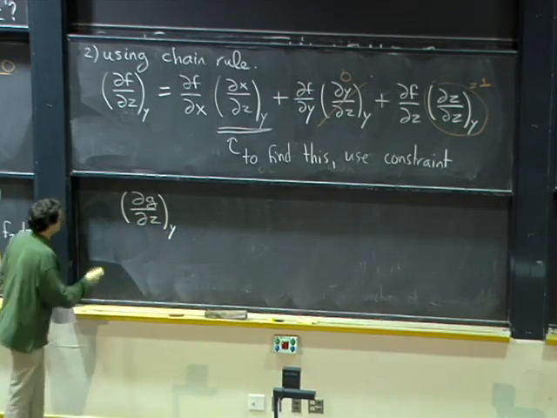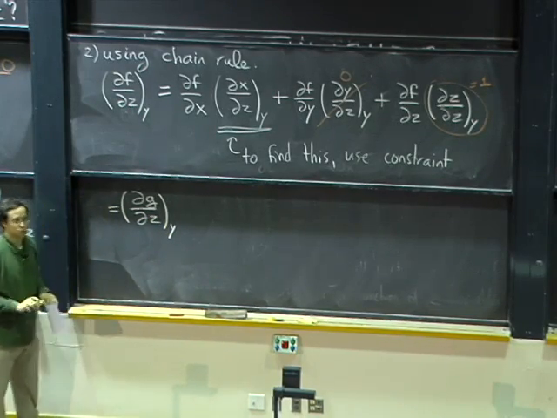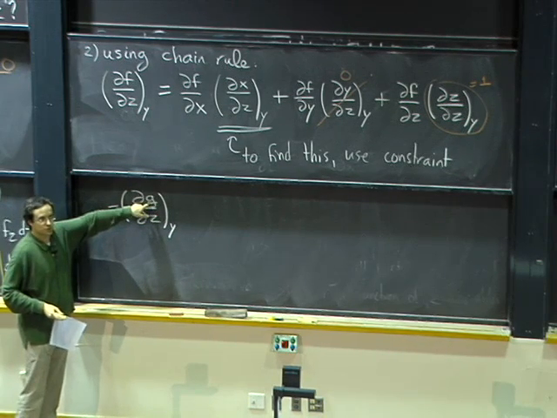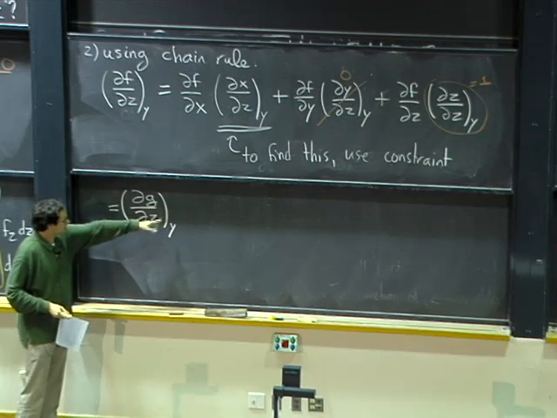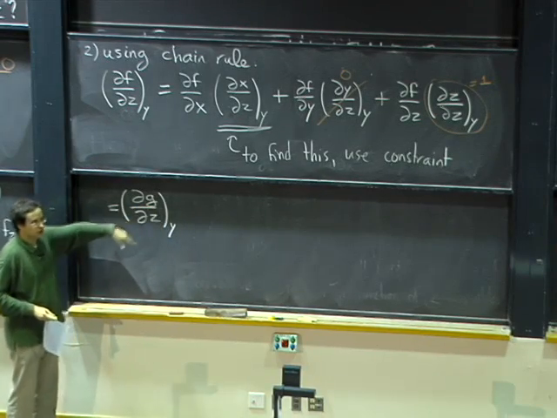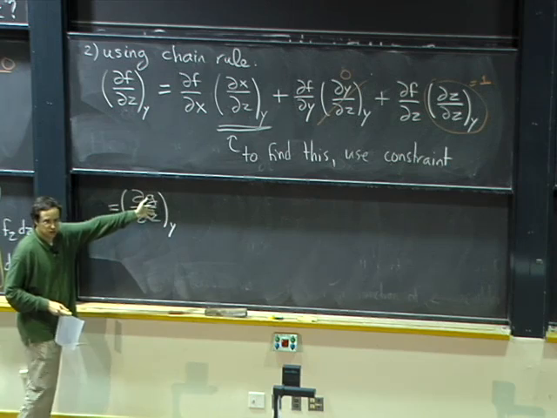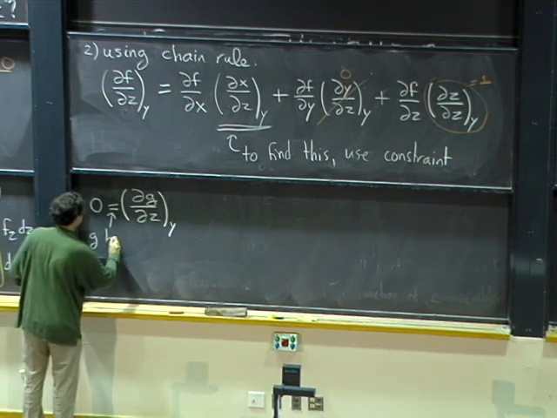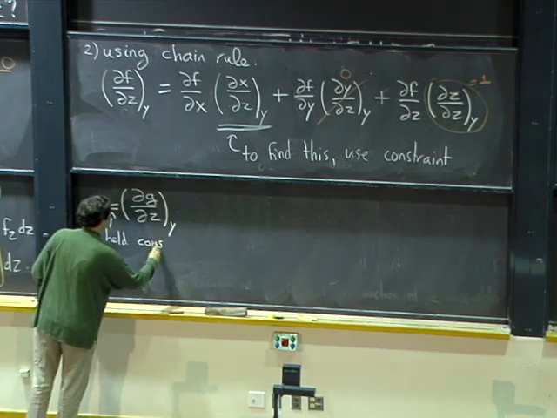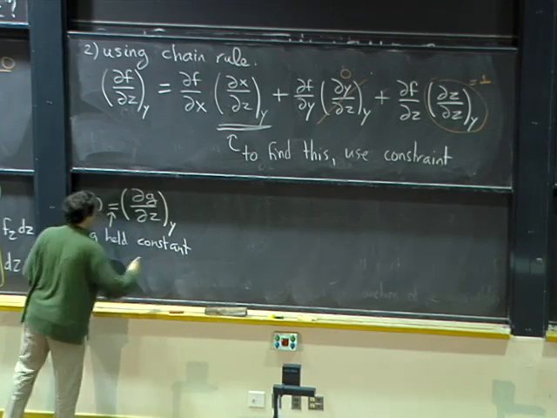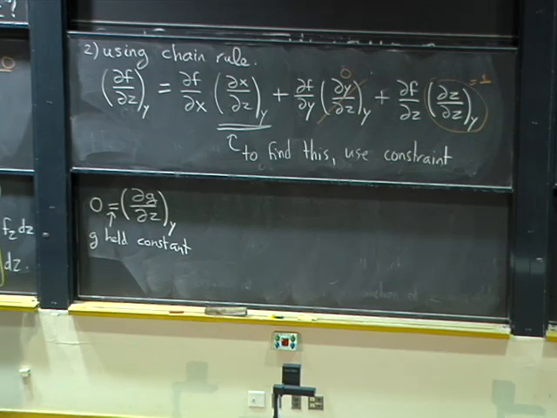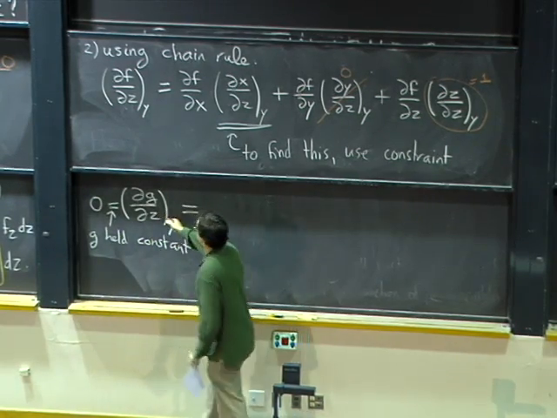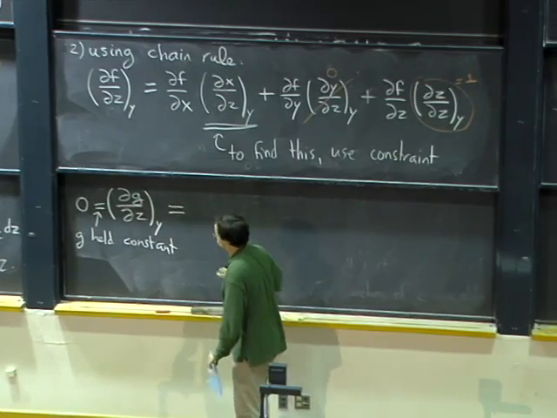But before I do it, let's ask ourselves first, what is this equal to? Well, if g is held constant, then when we vary z, keeping y constant and changing x, g still doesn't change. It's held constant. So in fact, that should be 0. Okay, but if we just say that, we're not going to get to that. So let's see how we can compute that using the chain rule.